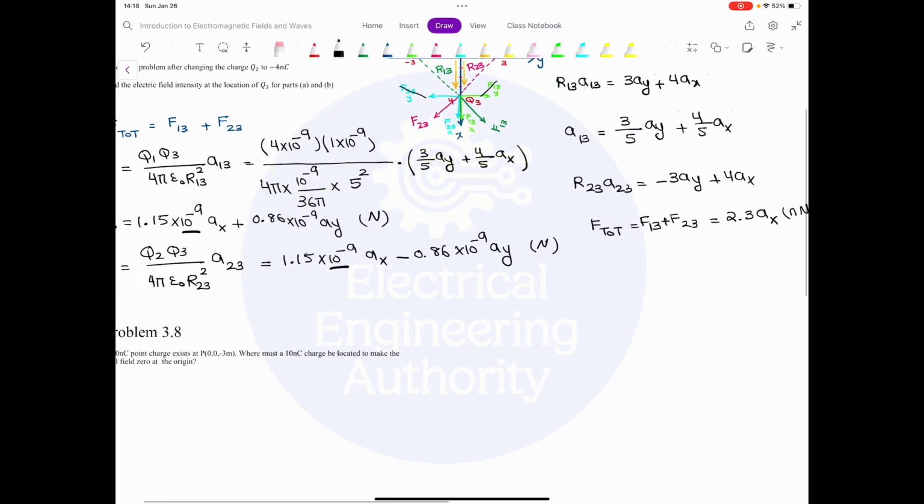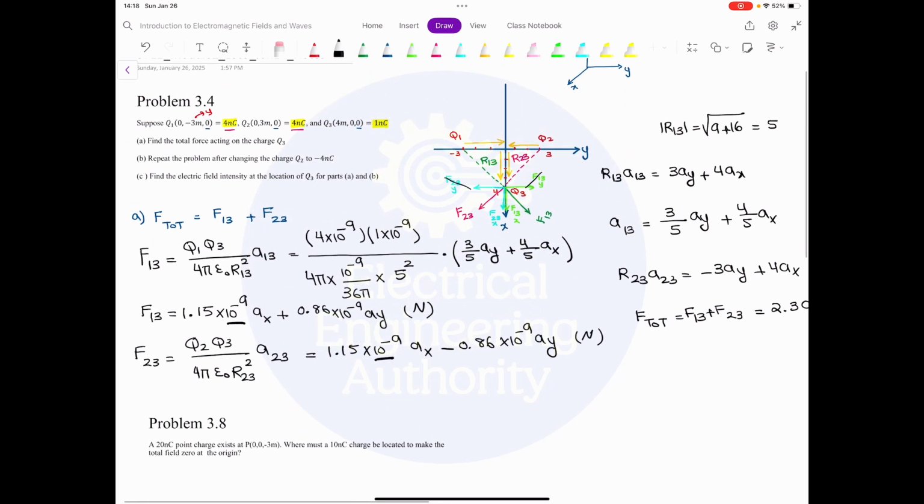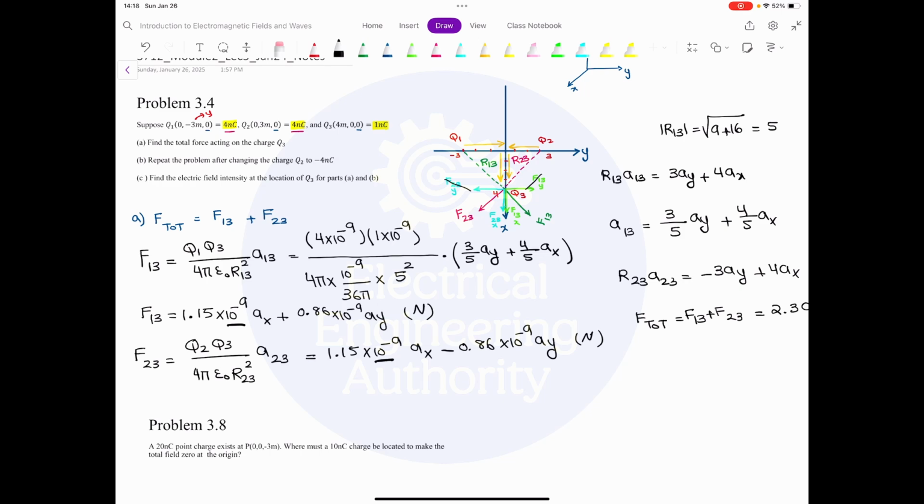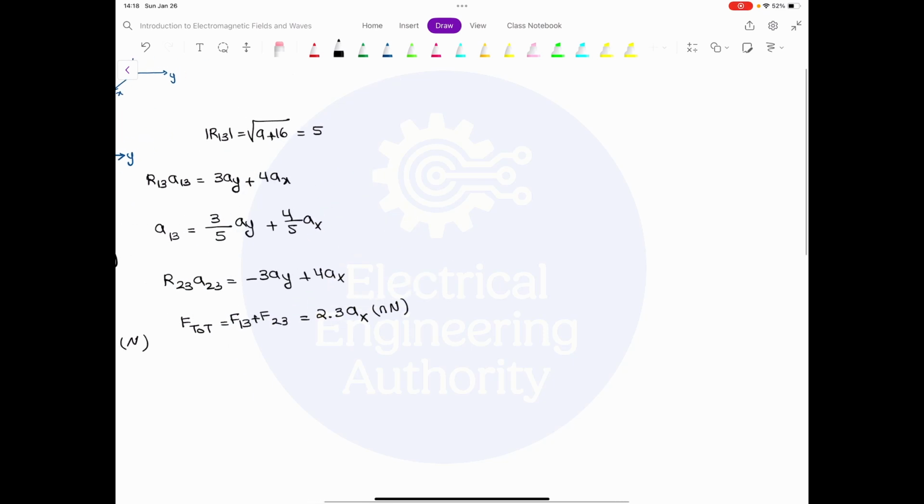Now let's go to part B. Part B says to repeat the problem after changing the charge Q2 to negative 4. So let's go here. I'm going to draw the points again, because this time my Q2 is actually negative.